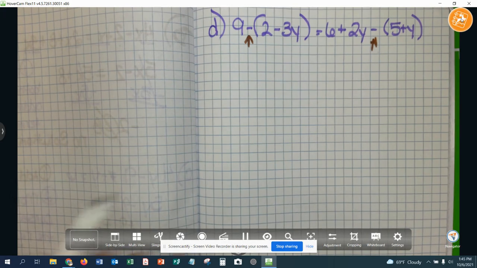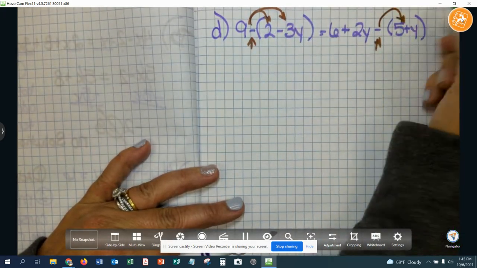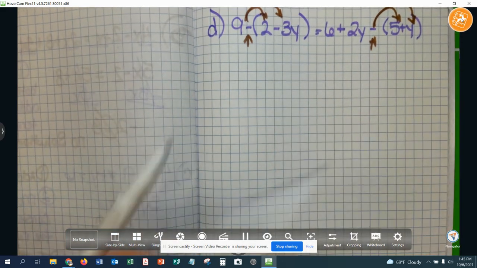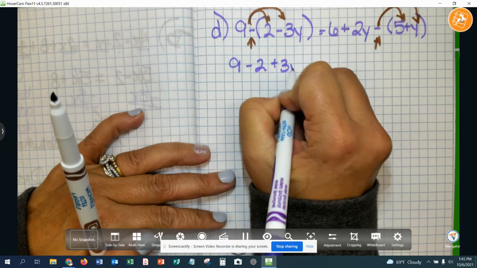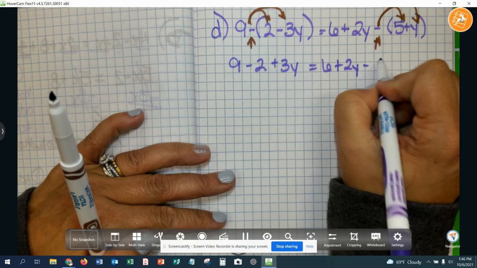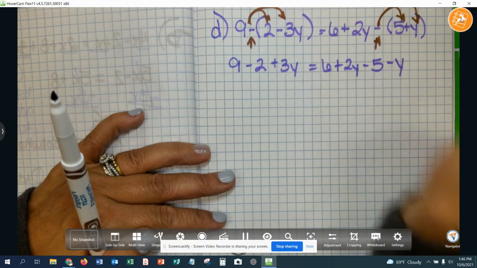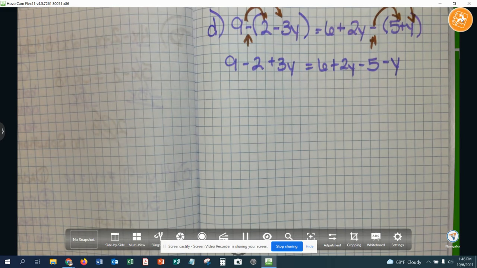So I'm just going to distribute. So now I have 9 minus 2 plus 3y equals 6 plus 2y minus 5 minus y. Now, Camilla's got their idea. We're going to add like terms.